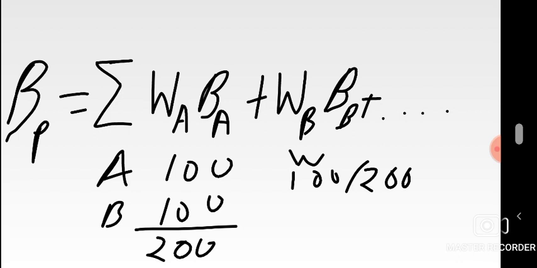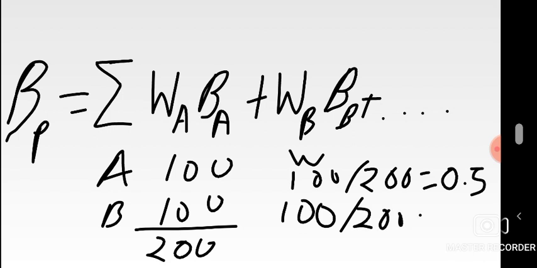So if you divide that further, this is 0.5. That's the weight you're going to substitute for A. For B, apparently they are the same figures, but it's not always. It's just an example. 100 over 200 also for B. Therefore, the weight is equal to 0.5. One thing that we just know from theory is that all weights, when added, should always add up to 1.